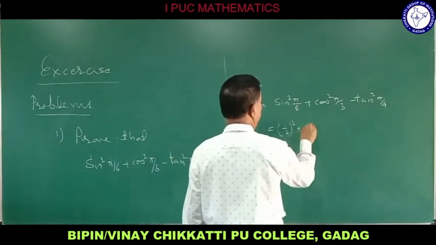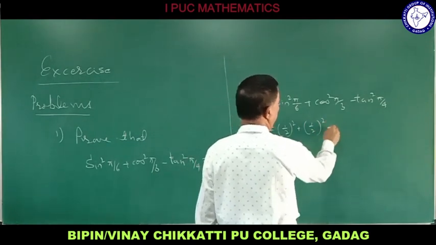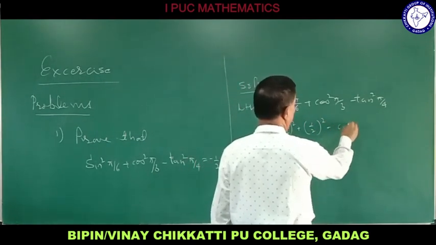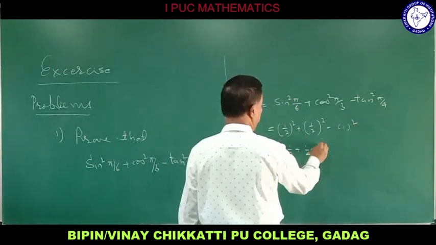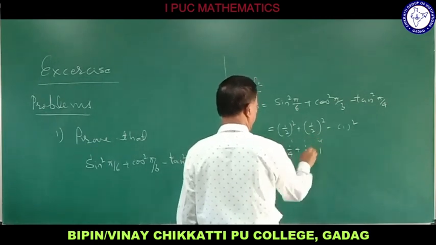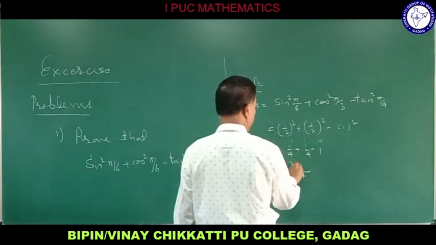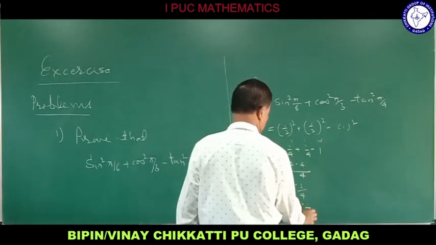Plus cos 60, and cos 60 is 1 upon 2, whole square. Tan 45 is 1 square. So this is 1 by 4 plus 1 by 4 minus 1. The LCM is 4, so 1 plus 1 minus 4 gives 2 minus 4, that is minus 2 by 4. So the answer is minus 1 upon 2.